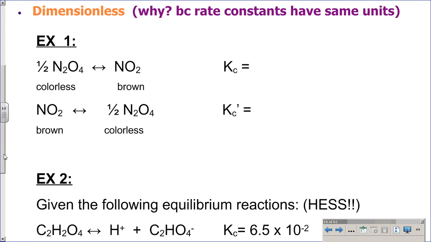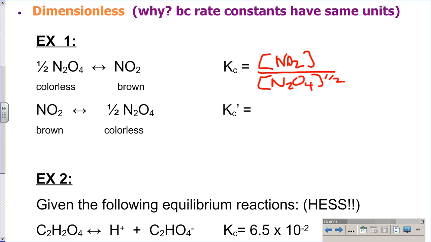Okay, so we have a reaction where dinitrogen tetroxide, colorless, makes that nasty poisonous brown gas, nitrogen dioxide. What does the Kc mean? When I put c, I just mean related to concentration. What is the Kc expression? Concentration of NO2 over concentration of N2O4.